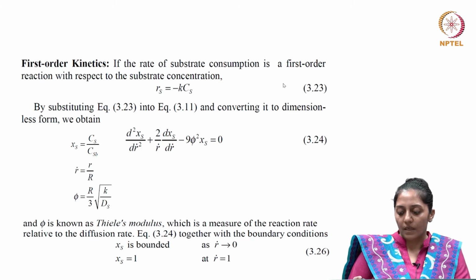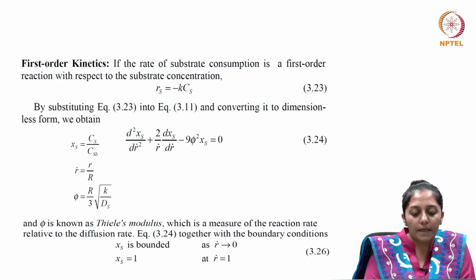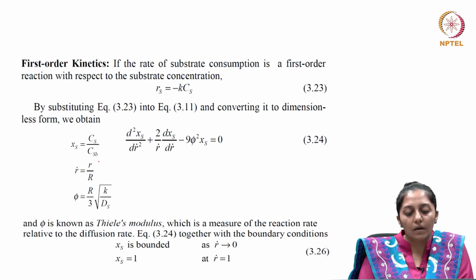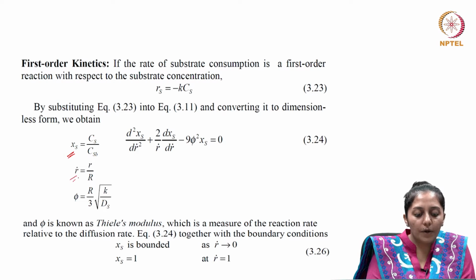in the same equation, where we were describing the net accumulation rate of the substrate, if you see equation 3.24, it has been converted into dimensionless variables xs and r dot.